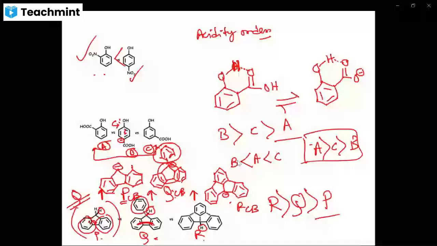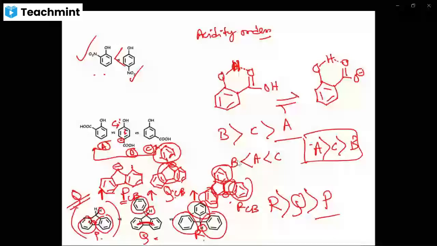And for R, you can see the system is such that in the ground state, all these three rings are in a non-planar way. They are not in conjugation with anyone. But when it goes into the conjugate base form, all come into the same plane with one another. So now all these three rings, as well as these new two aromatic rings, are in the same plane, right?